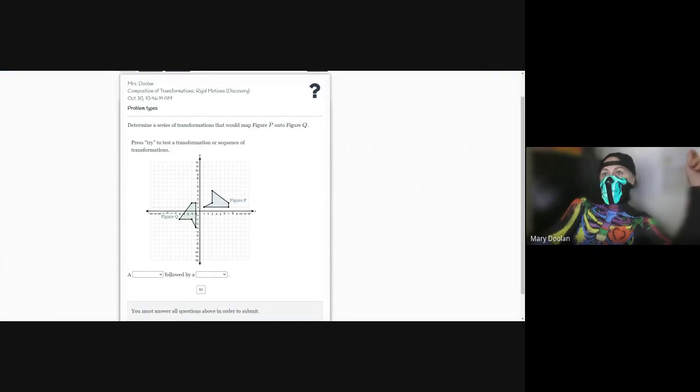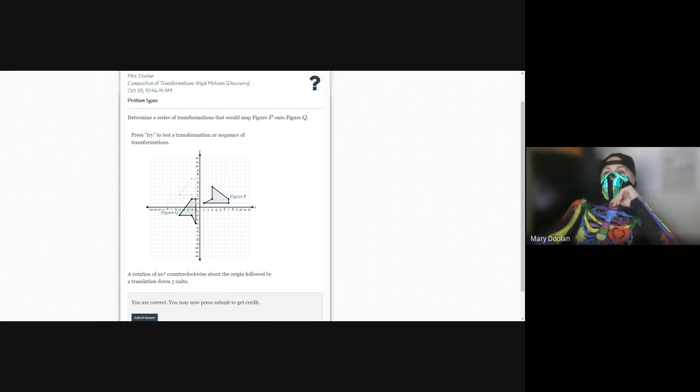It says to determine a series of transformations that would map figure P onto figure Q. Figure P is the pre-image, where figure Q is our image. And then you get to try it out to see if it works. So if I want to go from here to here, I don't know what I have to do. Maybe this is a rotation, maybe 90 degrees counterclockwise.